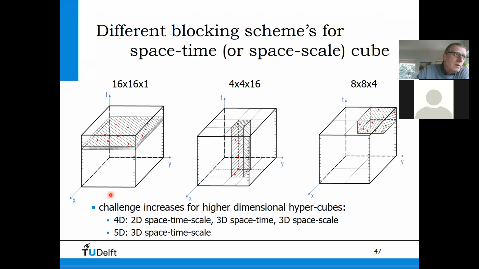And the first way to store it was, as we explained in the beginning, we do a time slice of 16 by 16: 16 in x, 16 in y, and 1 in time. And so this is the total volume. But you can have the same space-time volume if you would store a little block like this, 4 by 4 by 16. And so if you count the actual number of cells, this is exactly the same number.